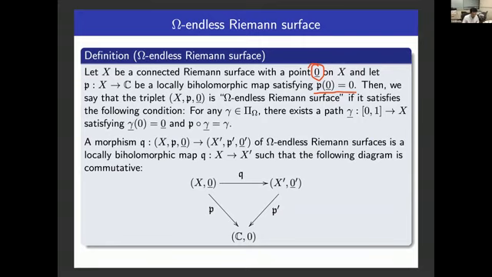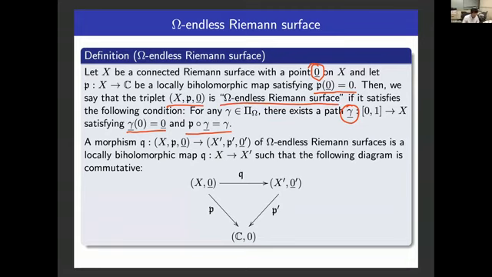For any omega allowed path gamma in pi omega, there exists a path gamma underbar, a lift of gamma to the Riemann surface X, satisfying this condition and this condition. It guarantees that gamma underbar is a lift of the path gamma. And if the condition holds, we say that X, p, 0 underbar is an omega endless Riemann surface.